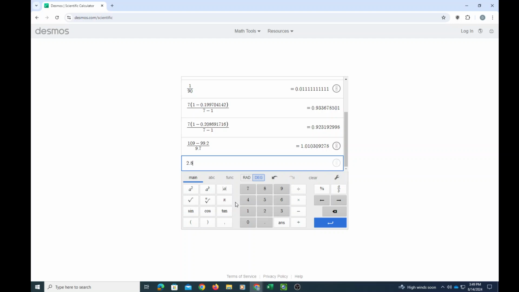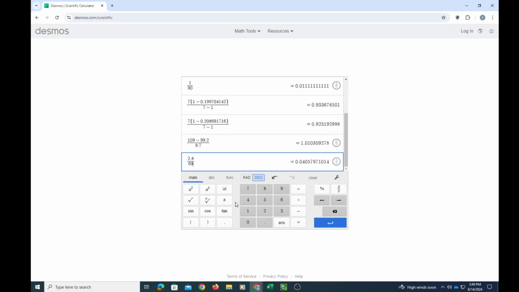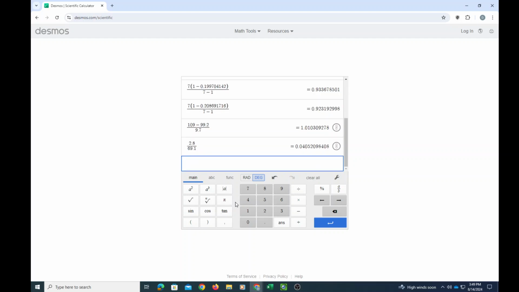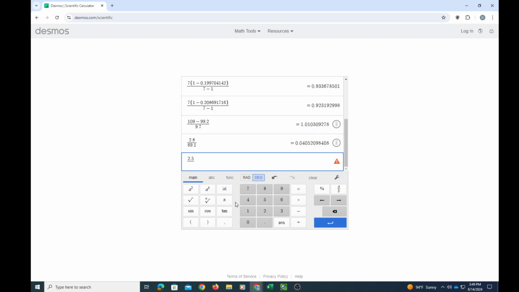So 2.8 divided by 69.1 comes out to, we'll go 3 decimal places, so this is approximately 0.041. And for women, 2.5 divided by 63.6 is about 0.039.